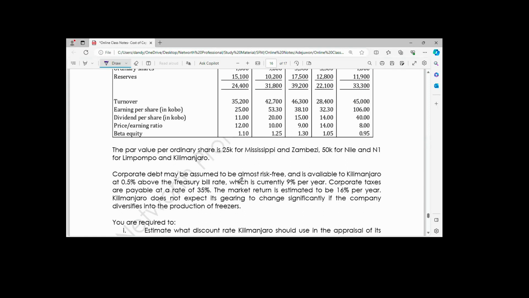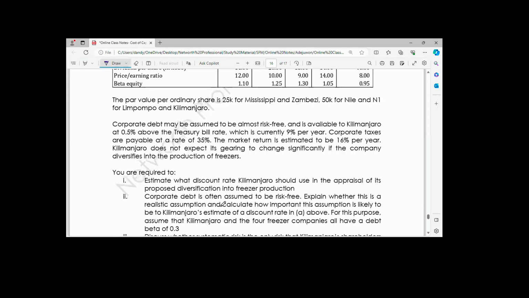Corporate debt may be assumed to be almost risk-free and is available to Kilimanjaro at 0.5% above the treasury bill rate, which is currently 9% per year. Corporate taxes are payable at the rate of 35%. The market return is estimated to be 16% per year. Kilimanjaro does not expect its gearing to change significantly if the company diversifies into the production of freezer.